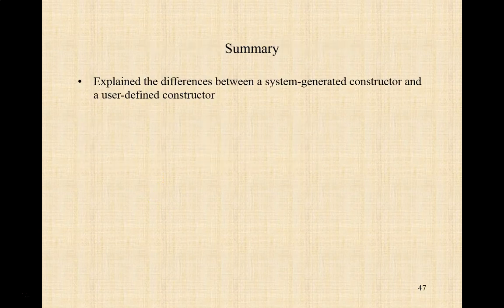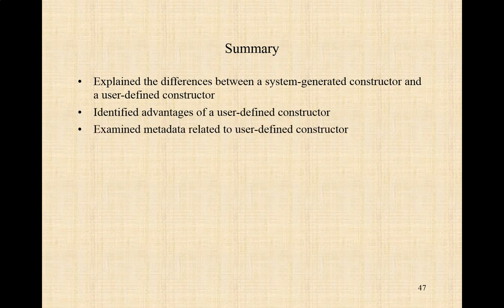So what have we addressed? We explained the differences between a system-generated constructor and a user-defined constructor. We identified advantages of a user-defined constructor, why we would want to go through the effort of creating one of these, what does it offer us, and there were several advantages that we pointed out to suggest that it might be a very useful feature. We examined the metadata related to user-defined constructors.